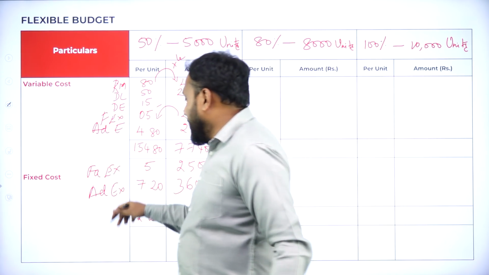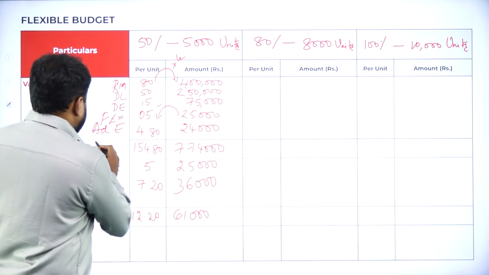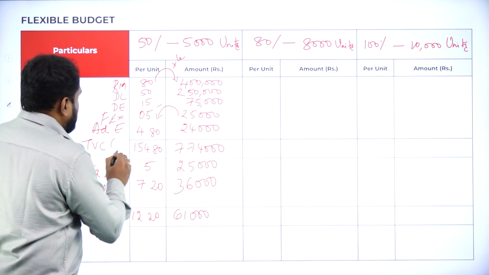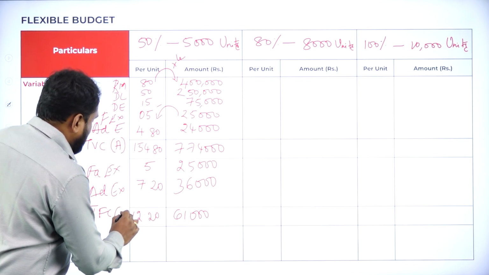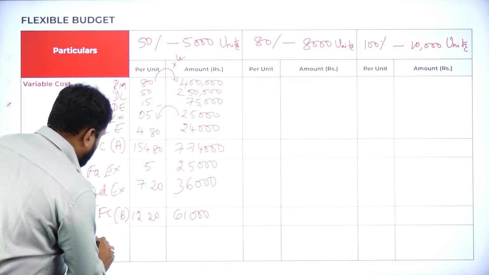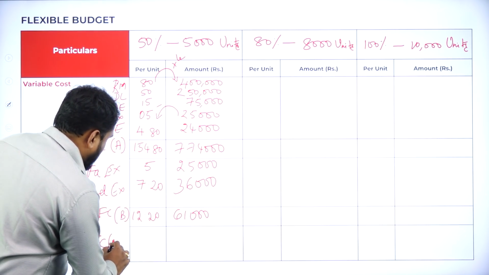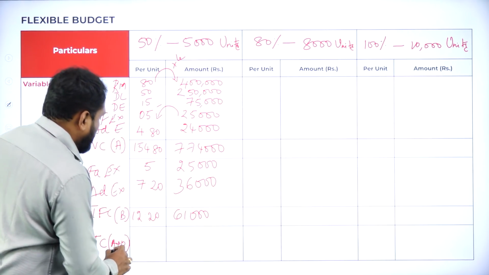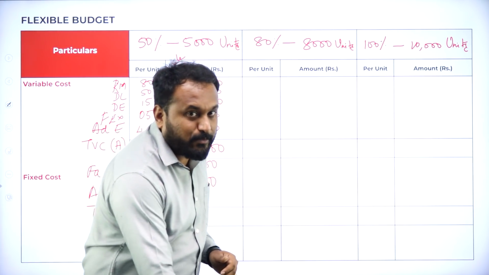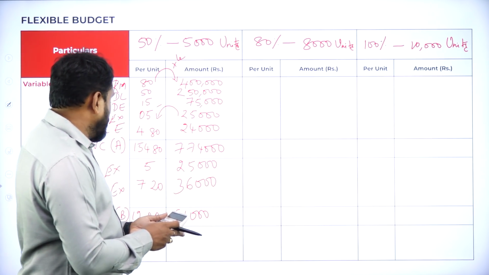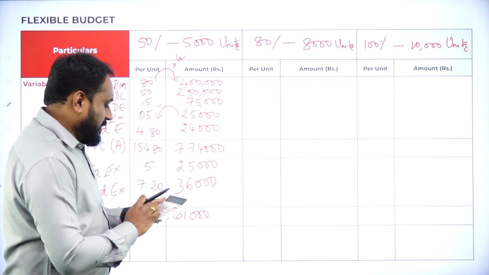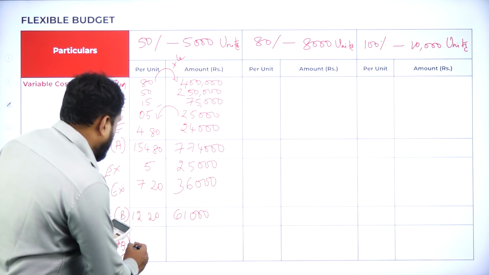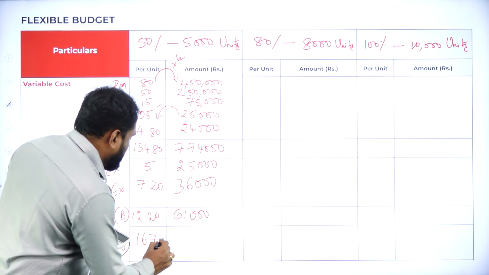Next, the last one here. Now we got total variable cost, denote that as A, and total fixed cost, denote that as B. Now we need total cost, that is A plus B. Now we need to add 154.80 plus 12.20. We got 167 rupees.